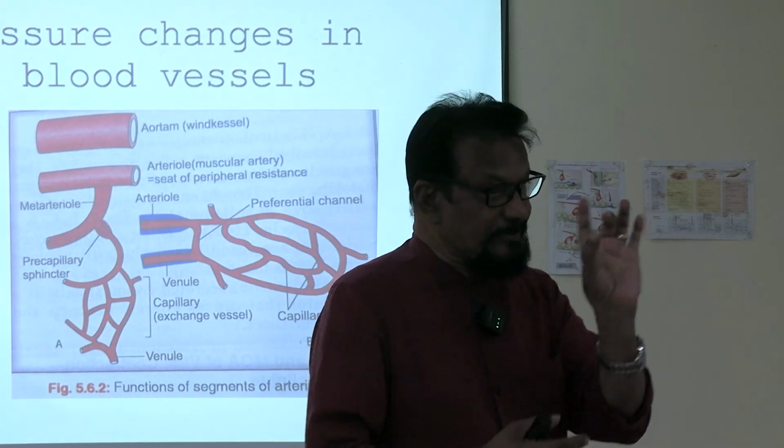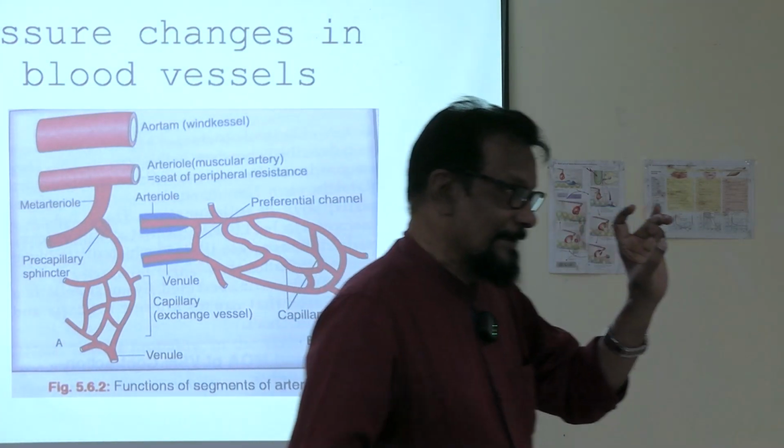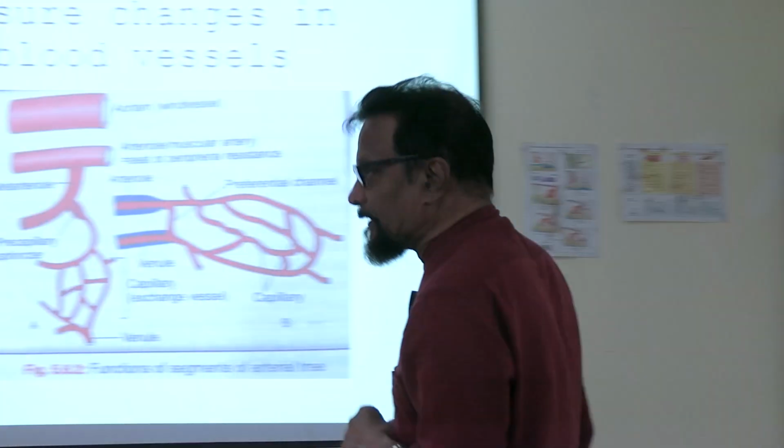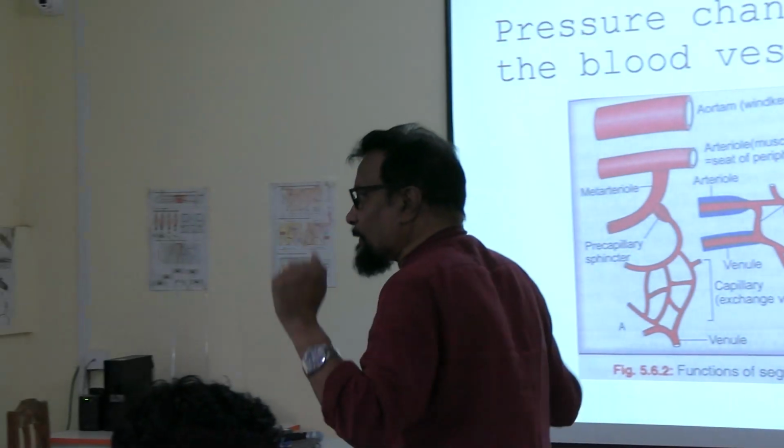Now, after origin, a single aorta, we'll see what the cross-sectional area of this aorta is. Now, when it proceeds towards the different parts of the body, what happens? It will be producing several branches.